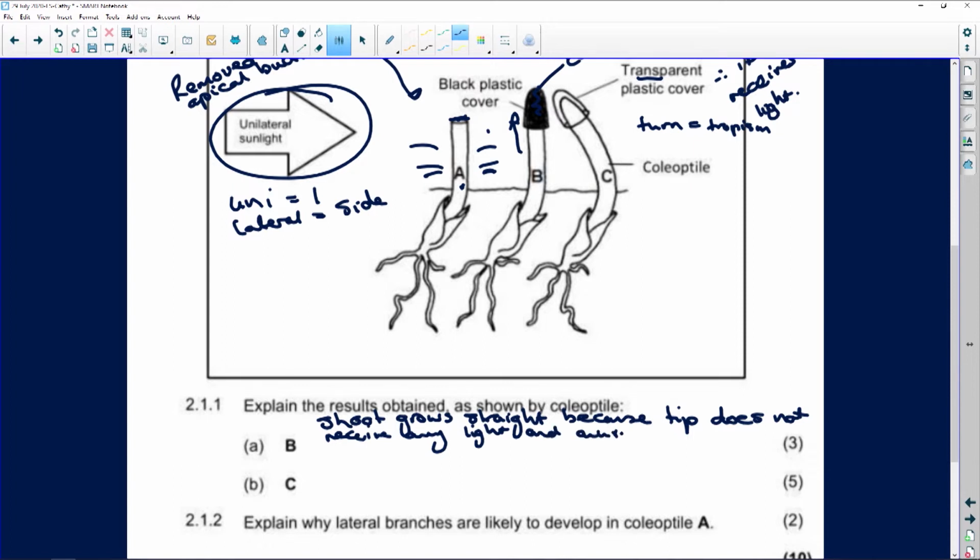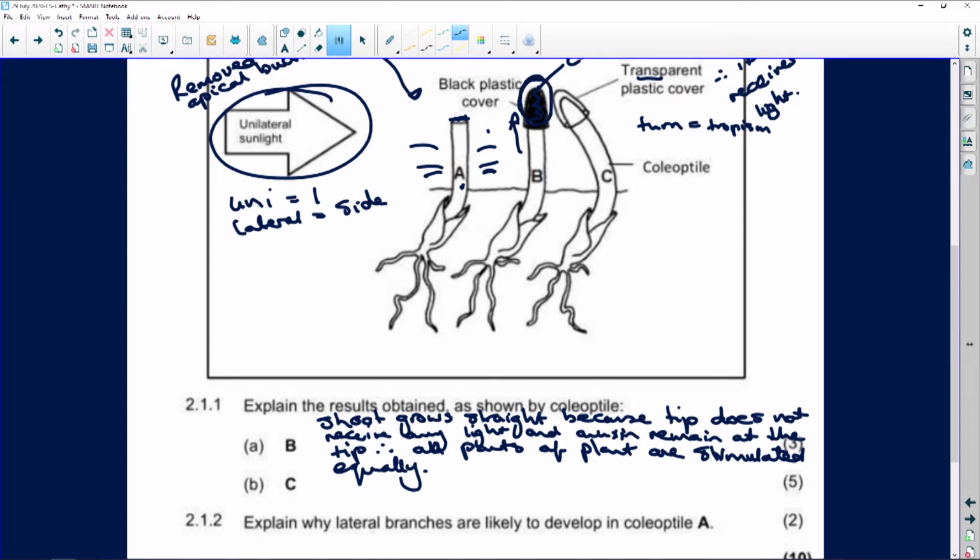The auxins remain at the tip, so therefore all parts of the plant are stimulated equally. That little growth tip here is covered, so this thing's just going to keep growing nicely upwards.